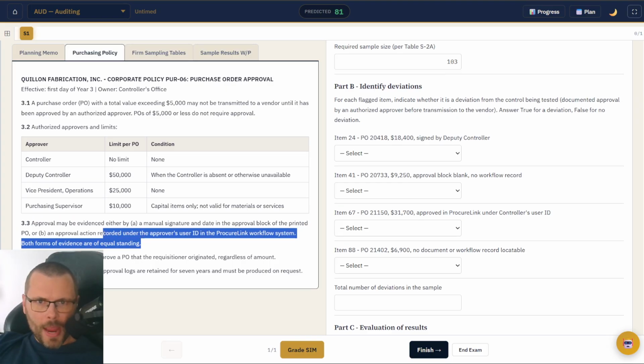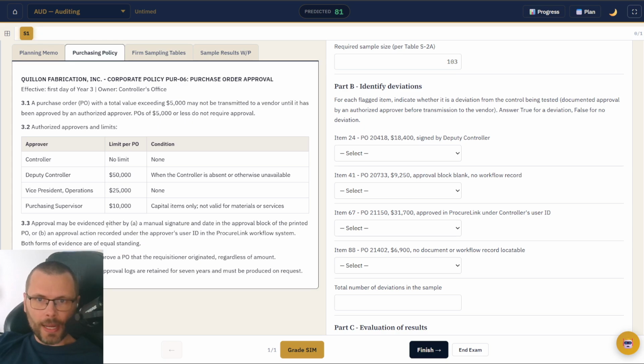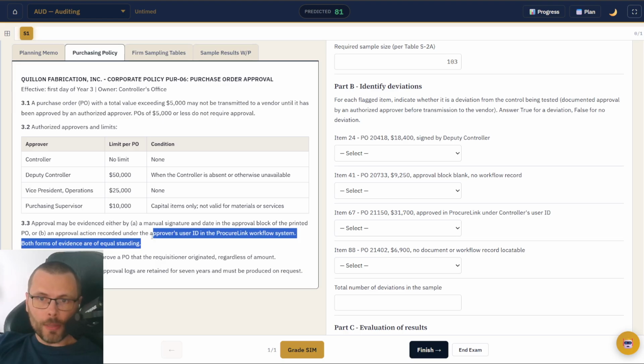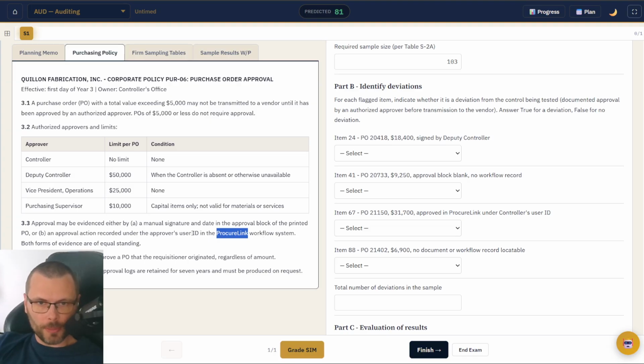Approval may be evidenced by either A, a manual signature and date on the approval block of the printed PO, or B, an approval action recorded under the approver's user ID in the Procure Link workflow system. 3.4, a requisitioner may not approve a PO that the requisitioner originated.